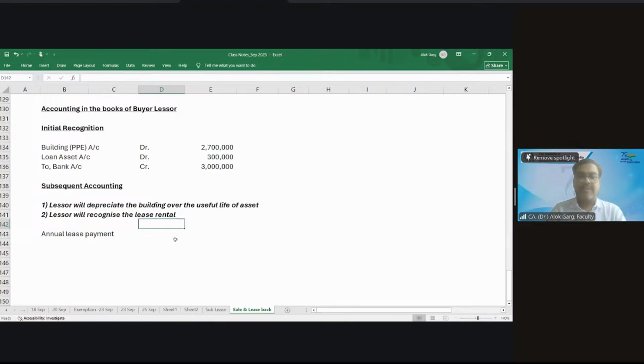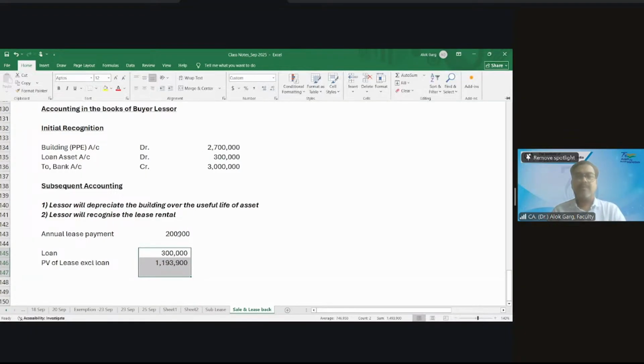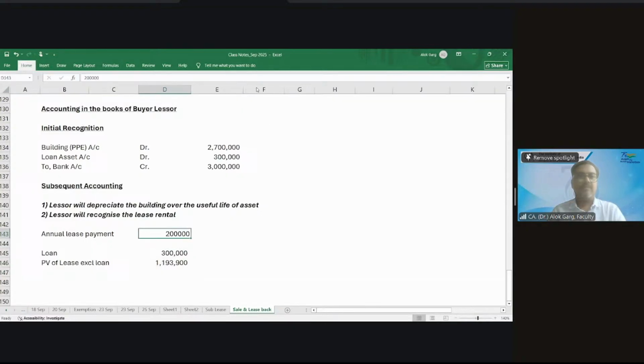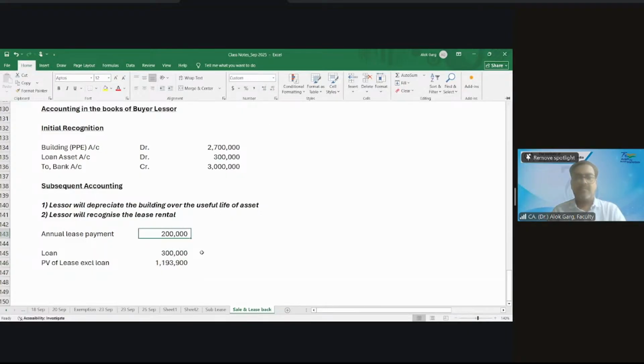What is the loan amount and what is the PV of the lease excluding loan? 1193,900. Right?